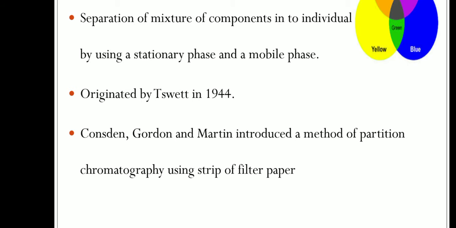And this chromatographic method was originated by Sweat in 1944, and then various activities related to chromatography were carried out. Then Consden, Gordon and Martin introduced the method of partition chromatography using a strip of filter paper for the separation of an amino acid mixture. First, this technique was carried out by Sweat in 1944.